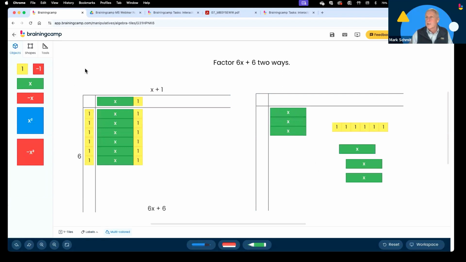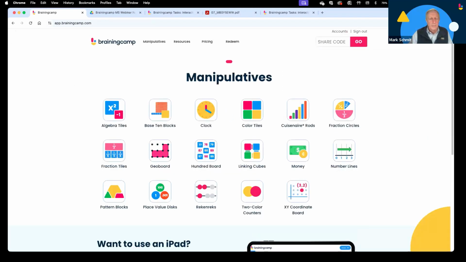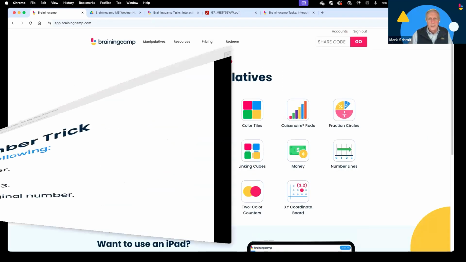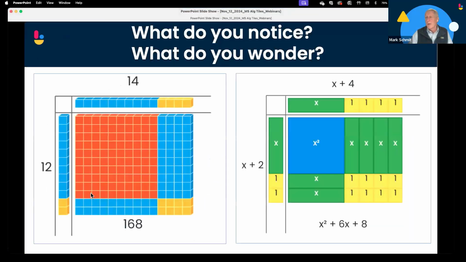Let's see. I'm going to go back briefly to my PowerPoint because Marilyn pointed out to us that they've seen this area model, the use of the area model before. This is why I looked at 2 times 3 and then 2 times -3 and -2 times 3, right?